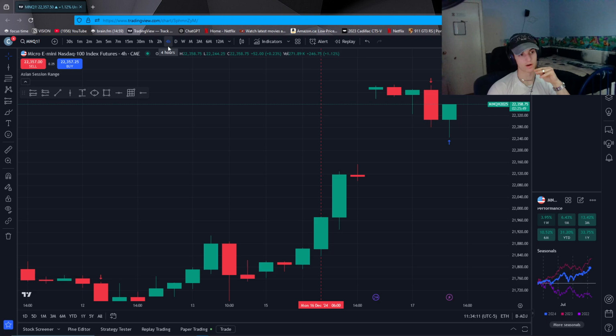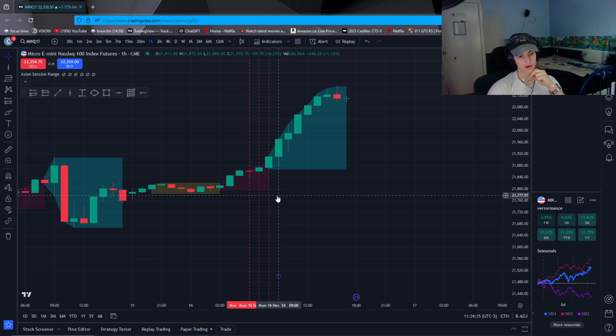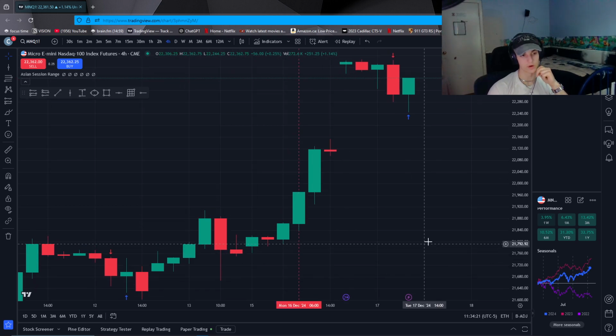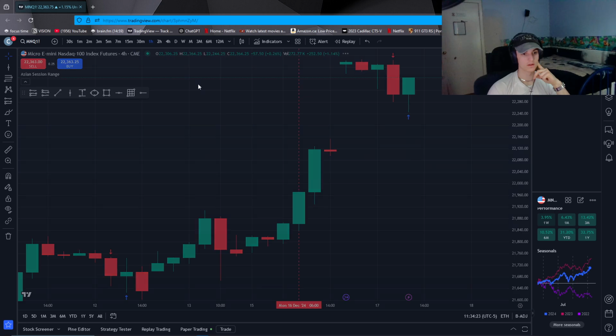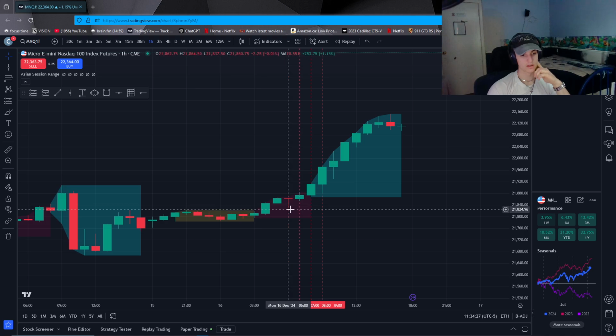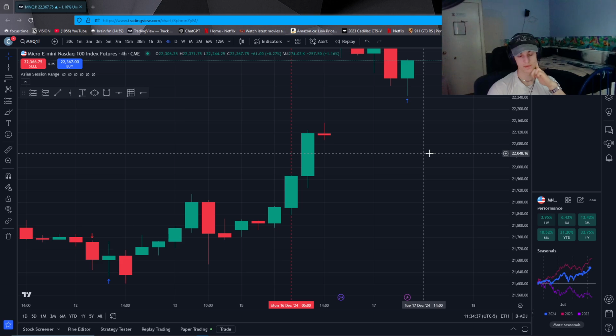So this is the 4 hour, and this is the 1 hour. So 4 of these candles fit into one of these candles. That's why you only see 1 line on the 4 hour, but you see 4 lines on the 1 hour. So 4 of these 1 hour candles fit inside 1 of the 4 hour candles.